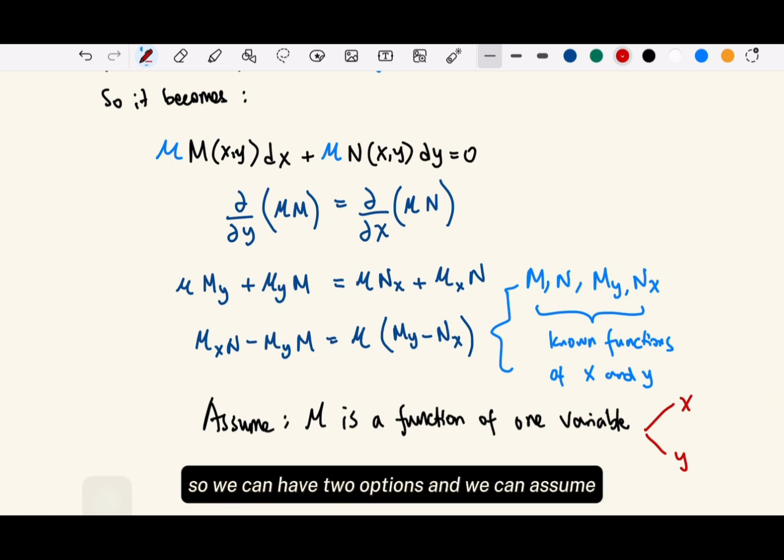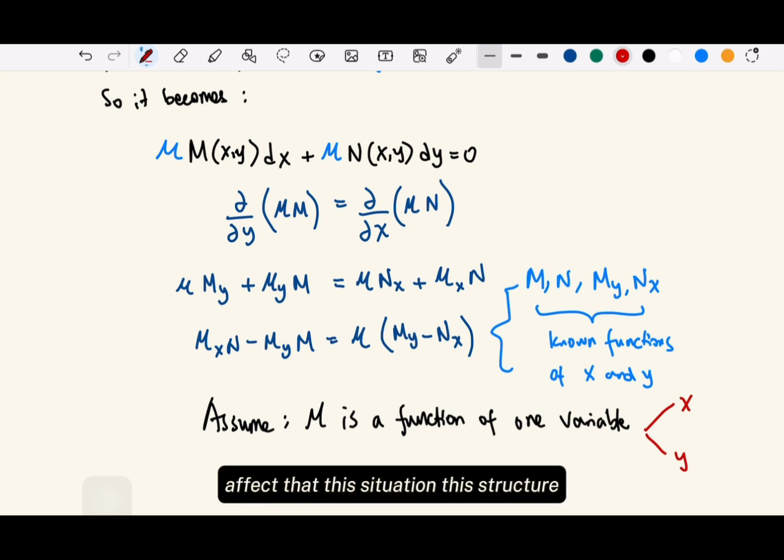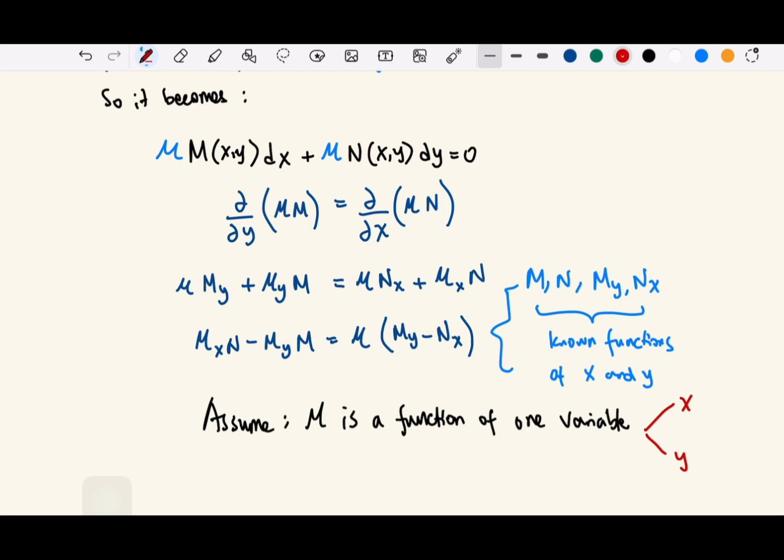So we can have two options. We can assume mu is a function of variable x or variable y. It will affect this structure, and we are going to see case by case how mu will be.